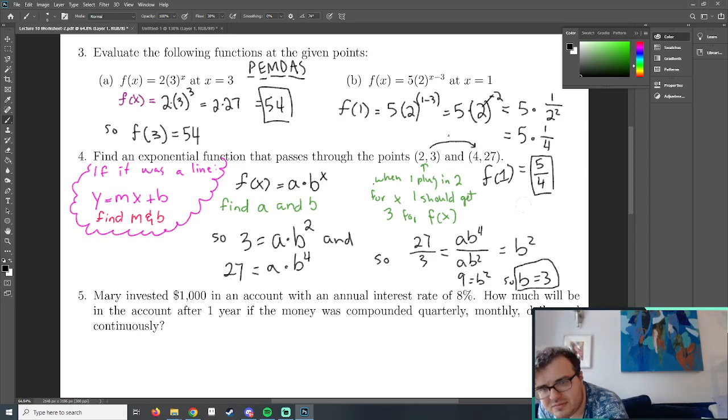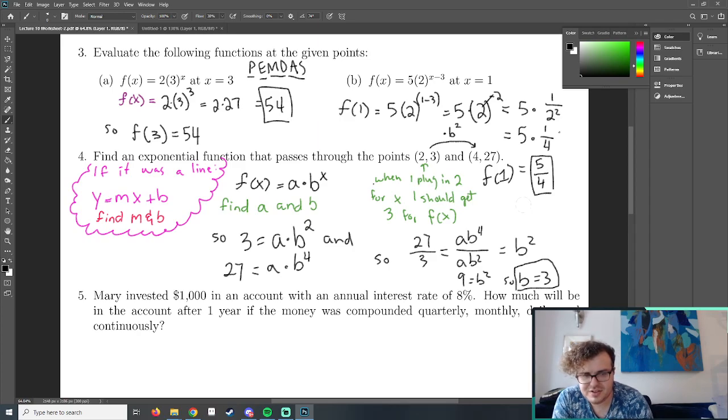So that means we must have multiplied by b squared, right? We multiply by b 2 times, not 2b, but b squared. And so that means that 3 times b squared equals 27, which you could also solve and find out that b equals plus or minus 3. And again, in this case, we'll assume that b is always a positive number, so b equals 3.